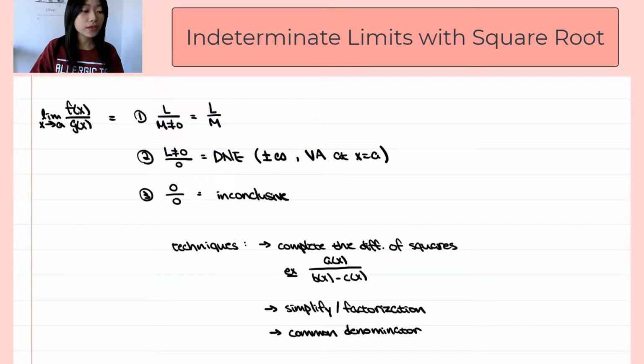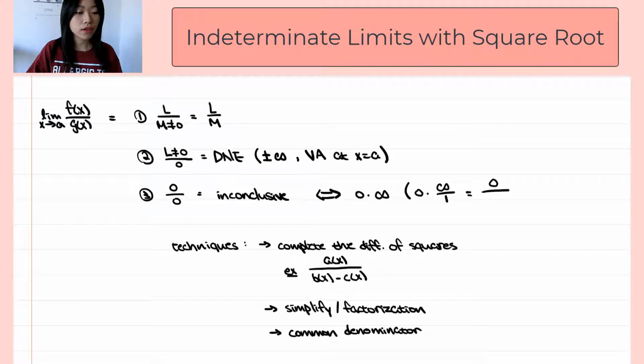And just a quick note, 0 over 0 is the same thing as 0 times infinity, because you can write it as 0 times infinity over 1, and if you move the infinity over 1 into the denominator, you get 0 over 1 over infinity. And 1 over a really large number is 0. So this is the same thing as 0 over 0.